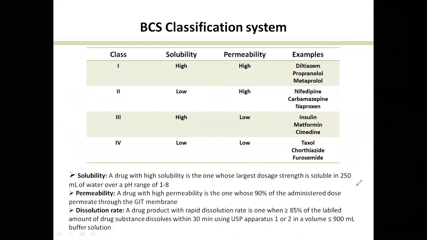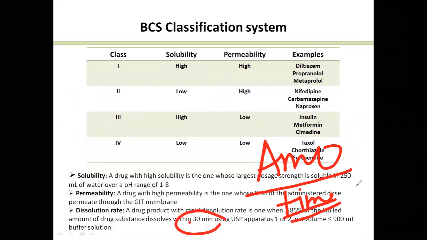So here we are considering the amount of drug released per unit time, which I have taken as 30 minutes, and the volume is a maximum of 900 ml, which is the capacity of my dissolution apparatus. Those jars are made up of 1 liter, but the maximum amount of solution that we put in is 900 ml. So this is about what the dissolution rate is.